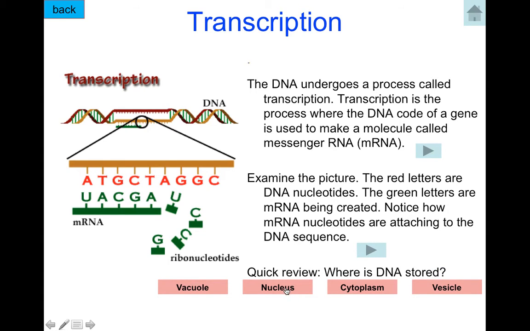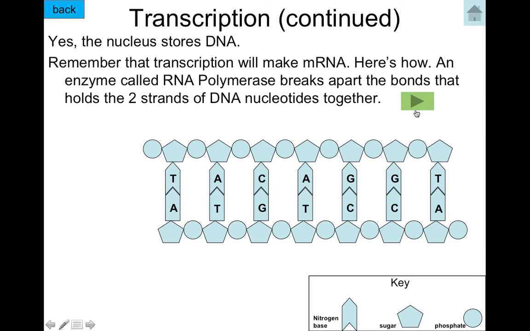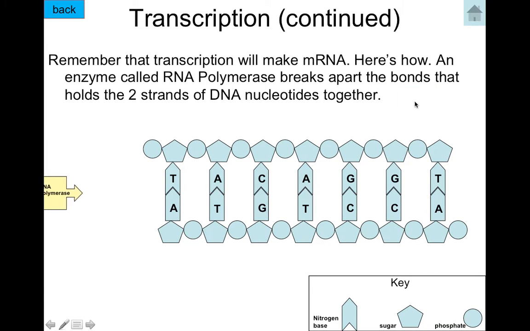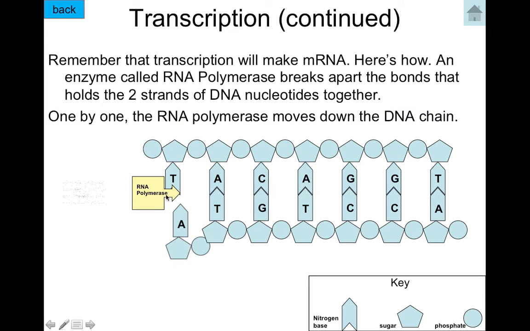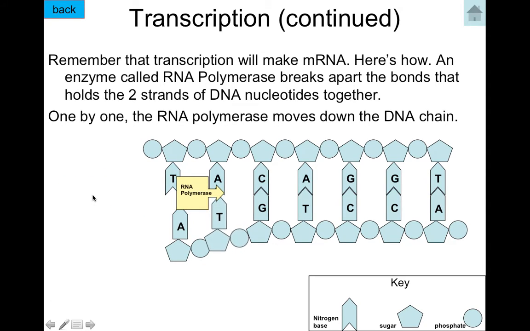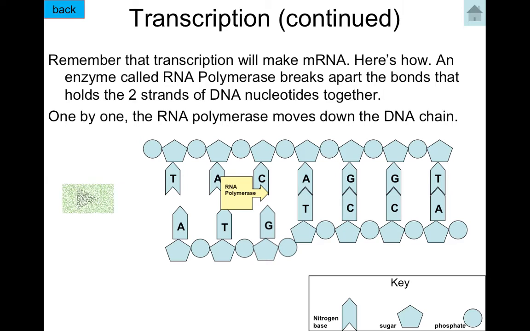So where's DNA stored? We know that's the nucleus. Okay, so here's our DNA, and the first thing that has to happen is it's got to unzip. There's an enzyme. We don't have to worry about that enzyme this year. And so we've just got to go through and separate out the two strands of DNA. Now, come on, where'd our arrow go?